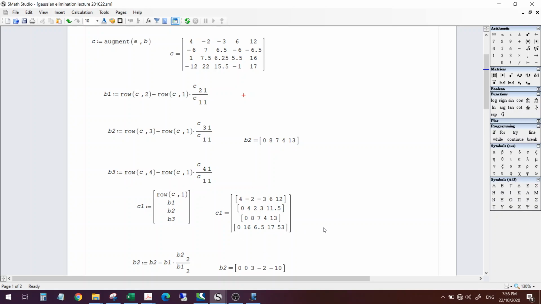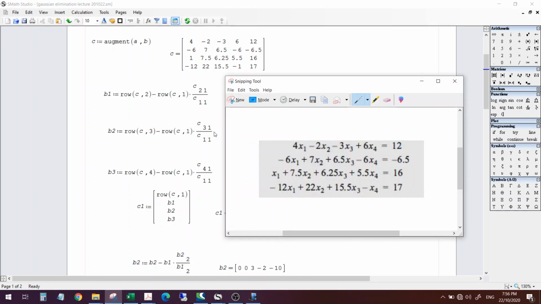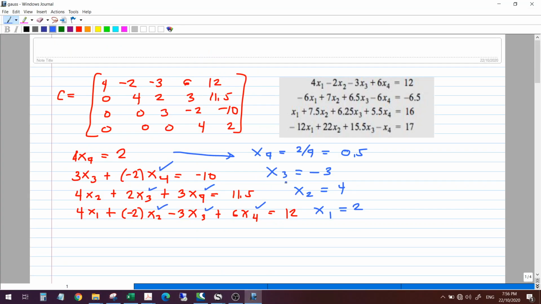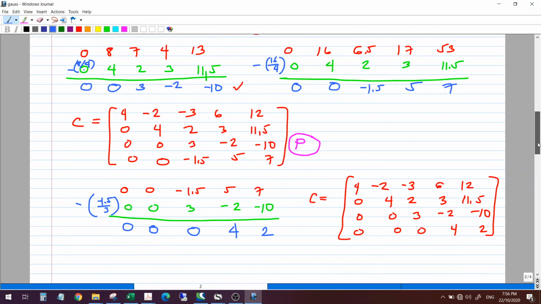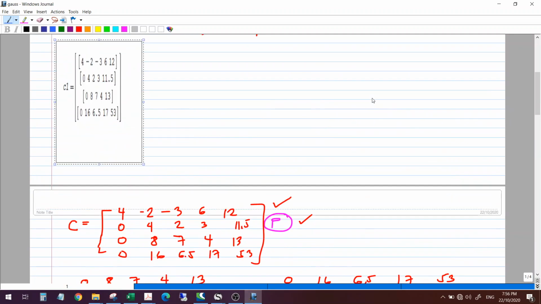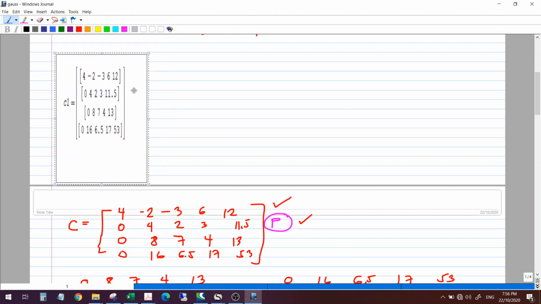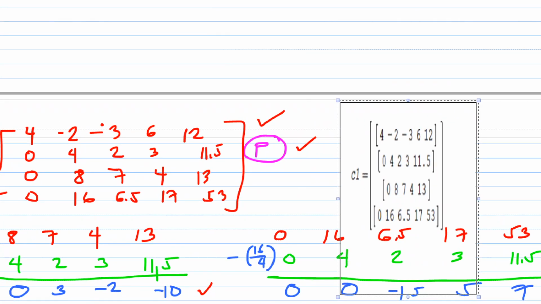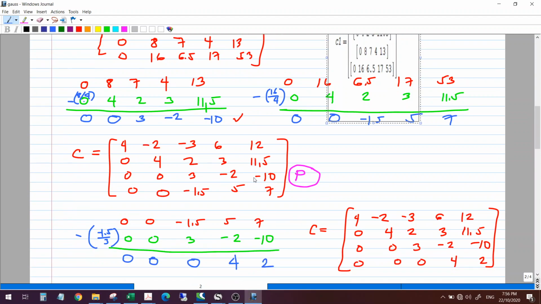I'd like you to note C1 is actually here. This one: 4, 0, 4, 2, 3, 0, 8, 7, 4, 13, 0, 16, 6.5.